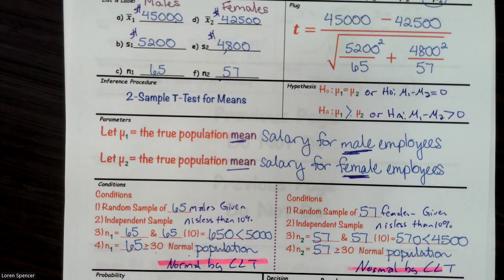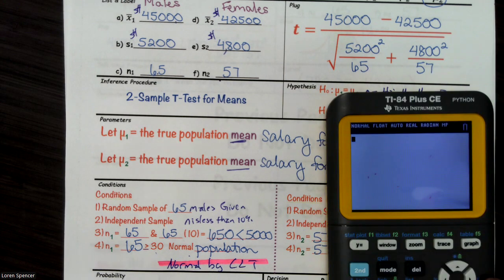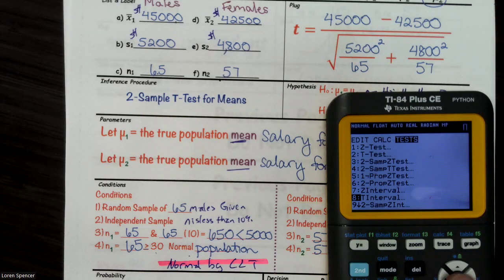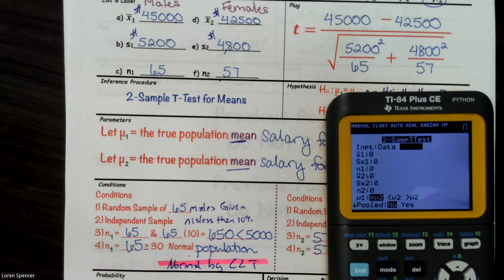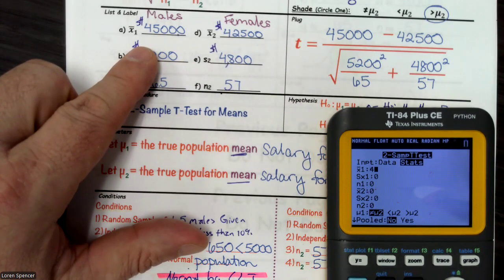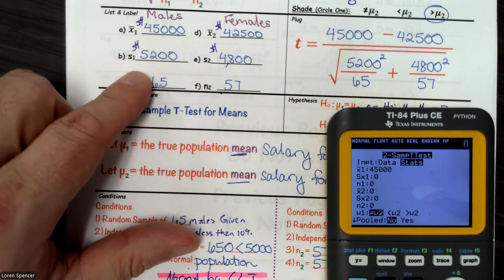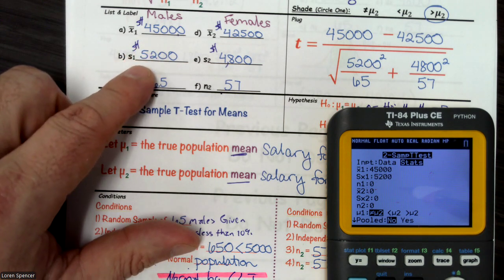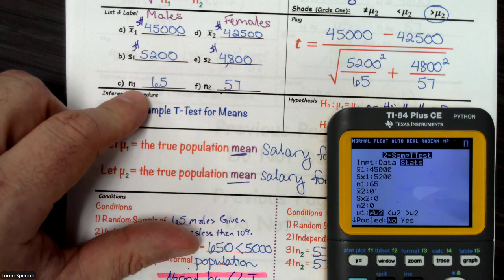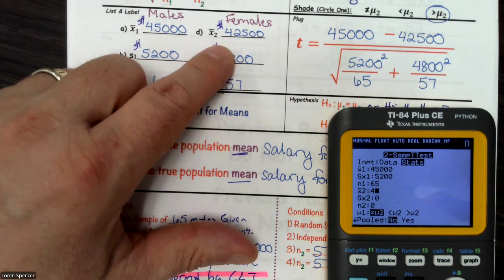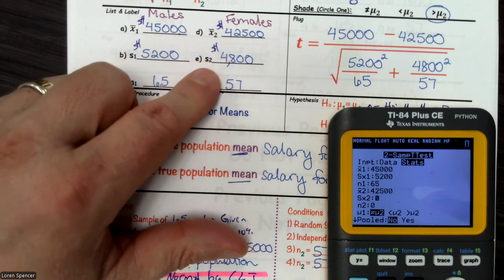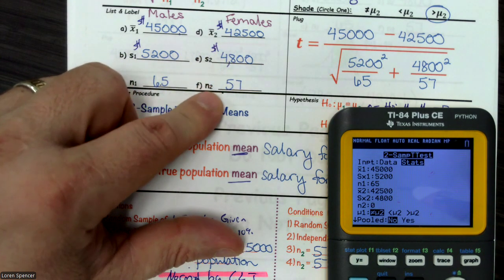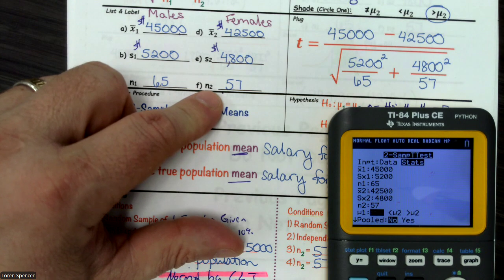Let's go ahead and run this test. To run this test, we're going to go to stat test, drop down to two sample t-test, which is number 4, and x1 is 45,000, s1 is 5,200, sample size 65. Then 42,500 for the female pay, 4,800 for their standard deviation, and we had 57 females.